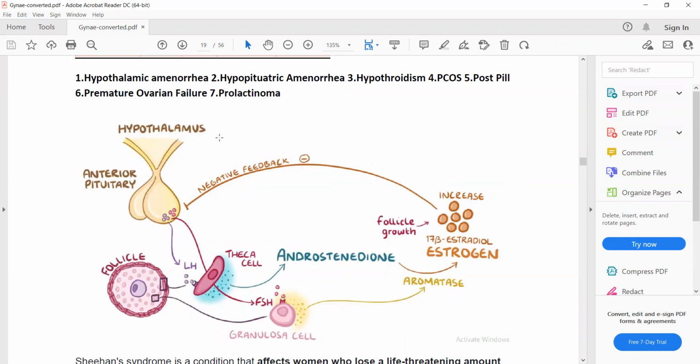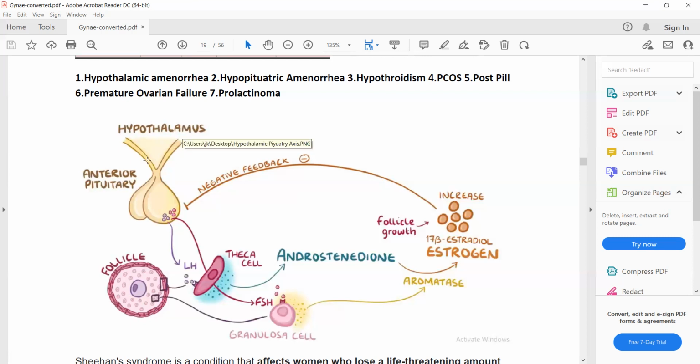If you want to understand these topics about amenorrhea accurately, then you need to understand this diagram very well. You need to remember three things, that is hypothalamus, pituitary gland, and ovary. Remember this axis and you will not get the questions related to amenorrhea wrong.